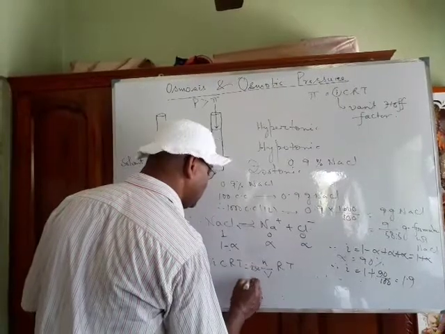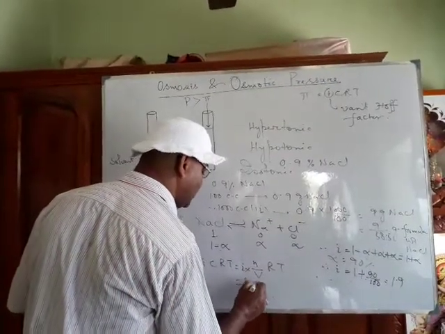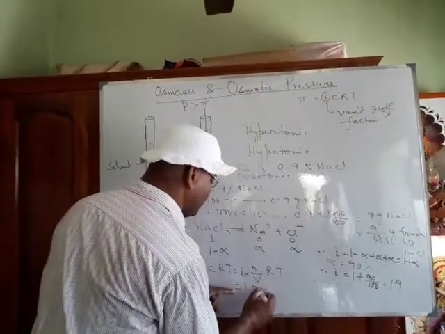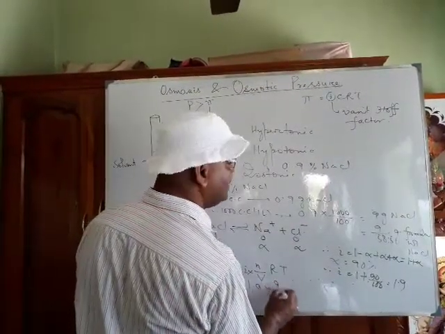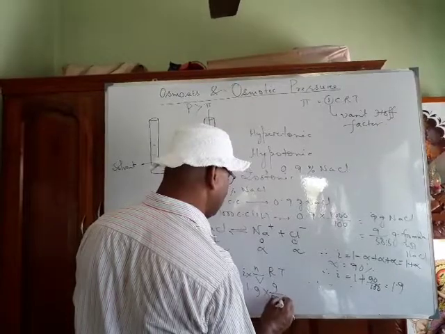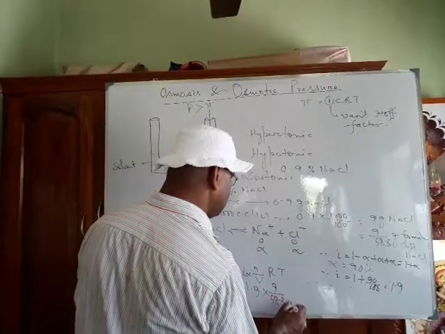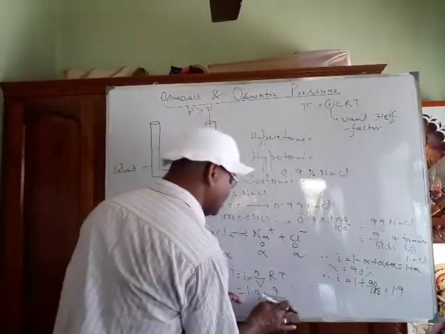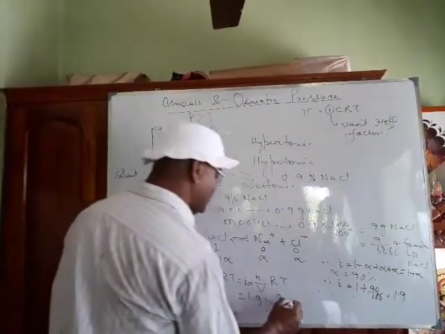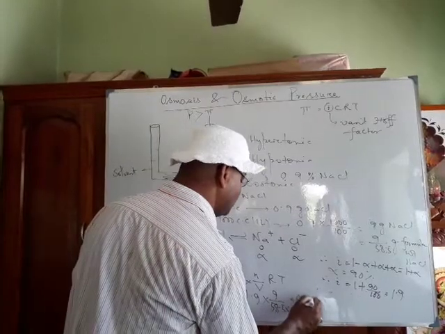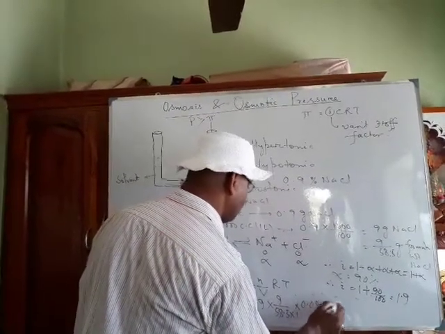So here look, i will be 1.9, n by V, number of moles, will be 9 divided by 58.5. V is as usual 1 liter, and R is 0.08205.